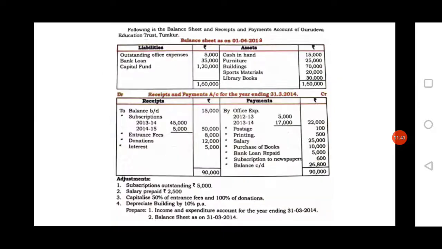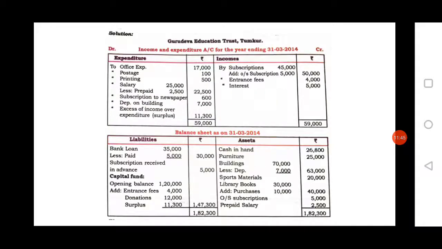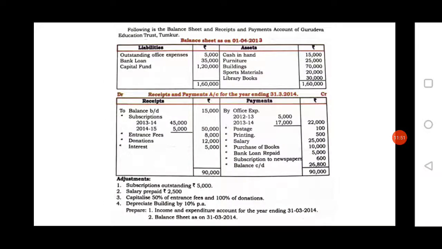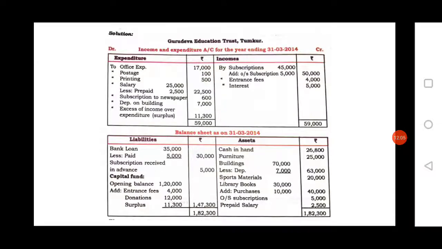It is 1,20,000 in the opening balance sheet. To this, you have to add all the capitalized items which are given in the adjustments. Here, capitalize 50% of entrance fees. The remaining 50% we have recorded as revenue receipt. Therefore, only 50% of entrance fees should be considered, 4,000.